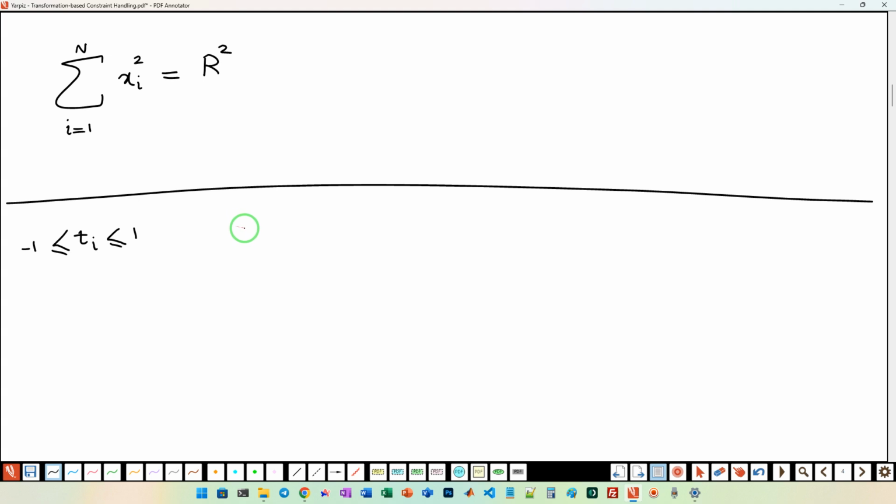And let's define summation of Ti squared equal to T squared. It's a number, and we call it simply T squared, or simply we can define T as the square root of summation of these numbers.